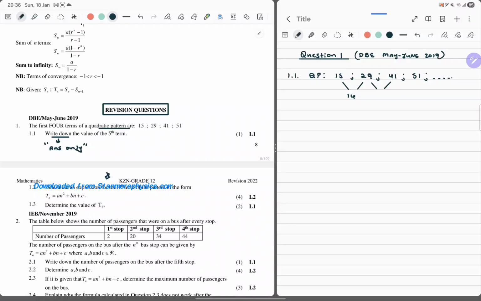And then we do that. 41 minus 29 is 12. We go on, 51 minus 41 is 10. And by the way, this is a sequence, so it continues. And we know we're going to have the second differences. So 12 minus 14 is minus 2.